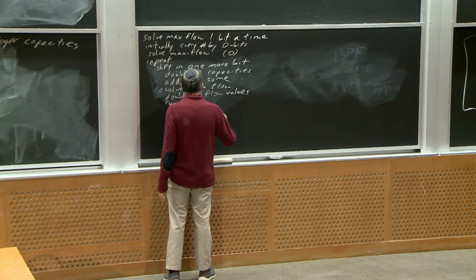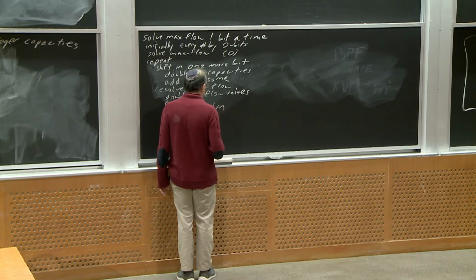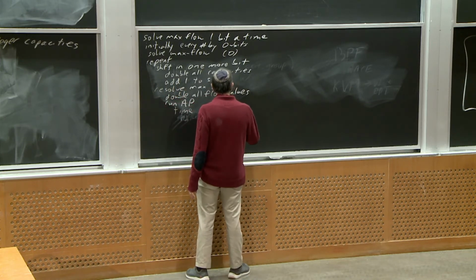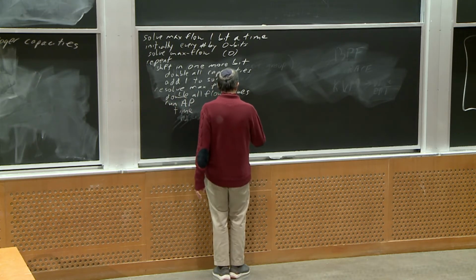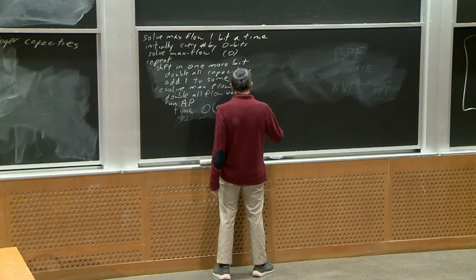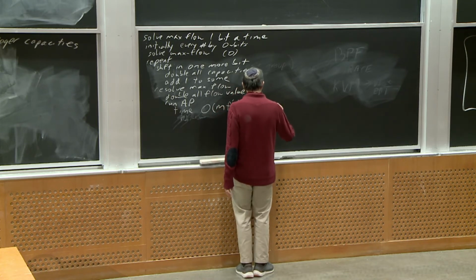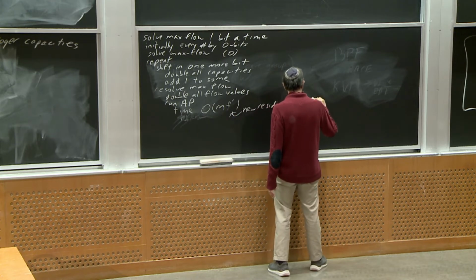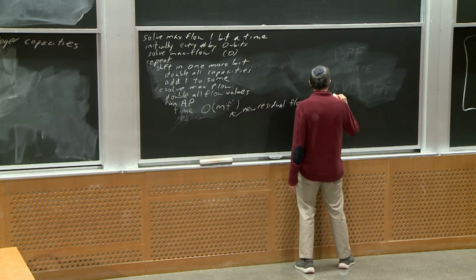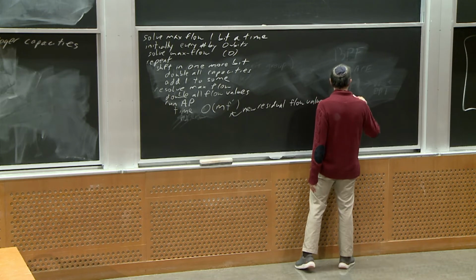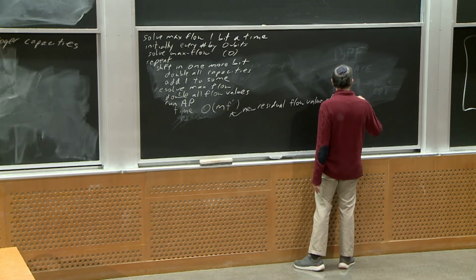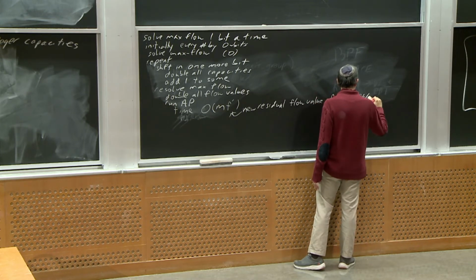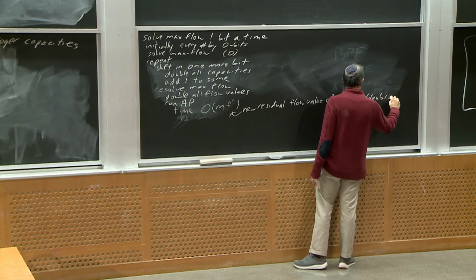The time is order, well, I need to do m augmenting paths. And this is the new residual capacity, or residual flow value, after the shift and the doubling of the flow.